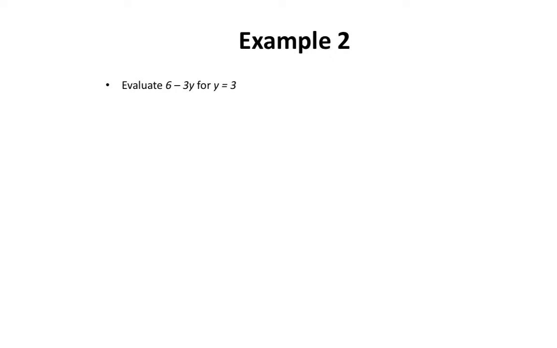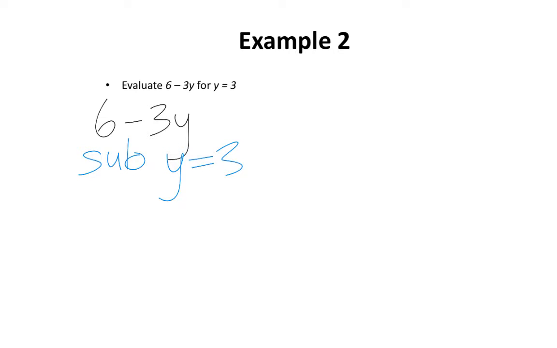In our second example, we want to evaluate 6 subtract 3y for y equals 3. The first thing you want to do is rewrite the question. Next, we want to substitute in y equals 3. Instead of writing y, we're going to replace it with 3 in brackets.